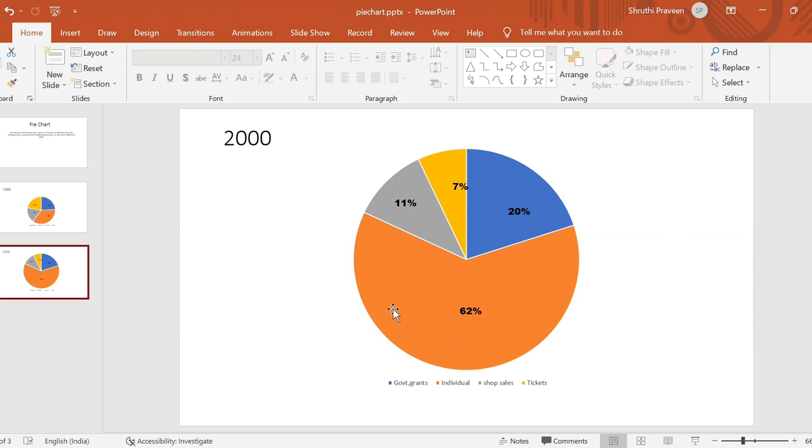So here a majority of the income has come from the ticket sales, only 11% from shop sales, 7% from individuals have contributed 62%, 7% from tickets, and 20% from government grants.